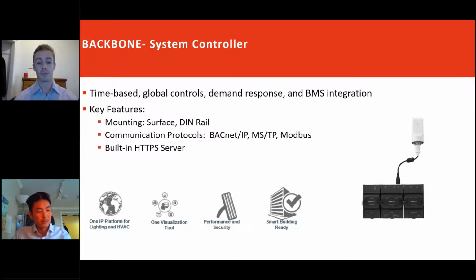But we are able to connect multiple system controllers to one another if we exceed that 750 device limit. From the controller, we're able to upgrade our firmware and change settings on all downstream devices from our software. And this system controller is what allows for the integration with BAS via BACnet IP, which we'll detail here in a second.